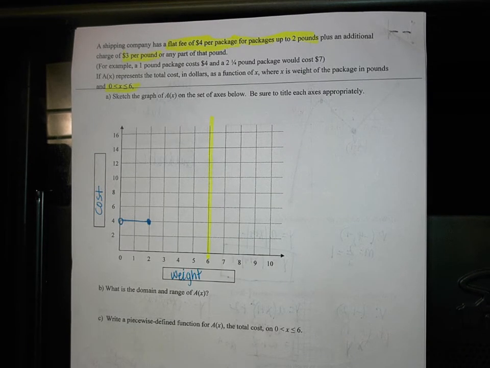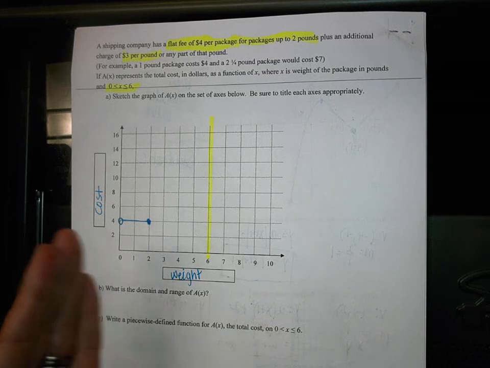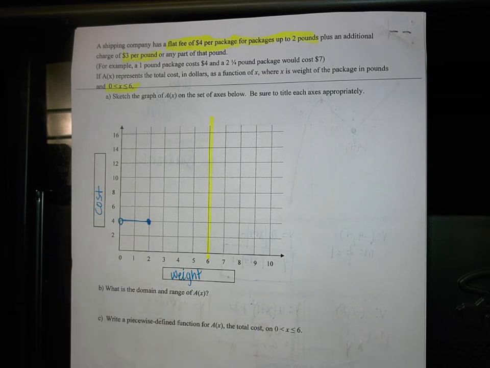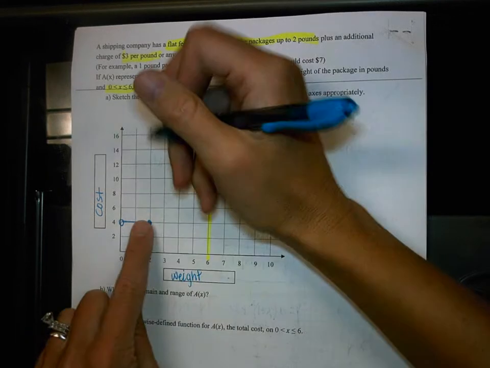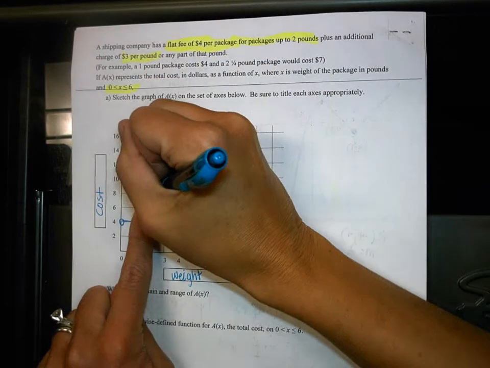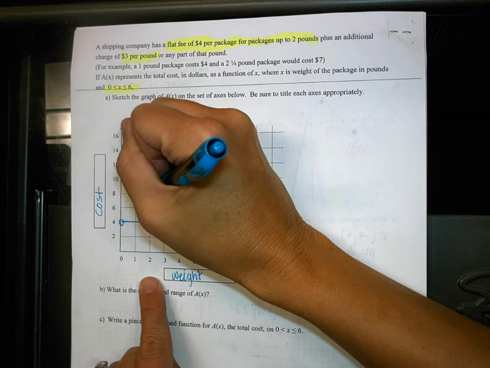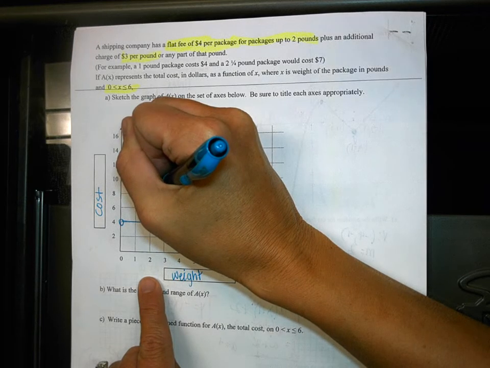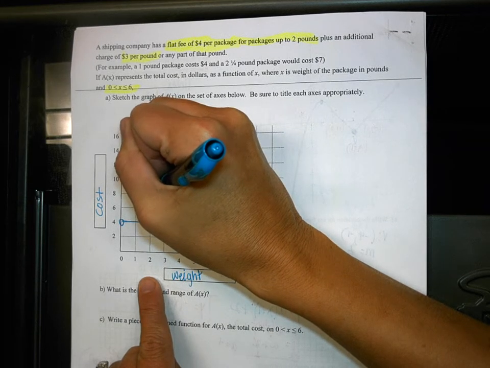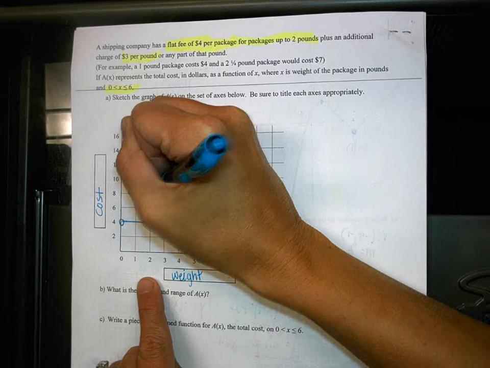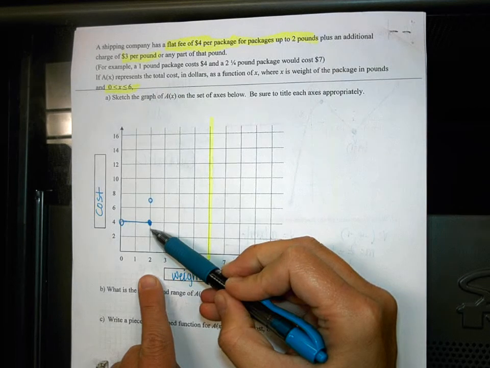So at 2 pounds, it's $4, but anything past 2 pounds, up to 3 pounds is going to be $3 more. So we're going to go up to 7. And is it going to be an open or closed circle here? Open here, because at 2 pounds, I really am paying how much? $4.